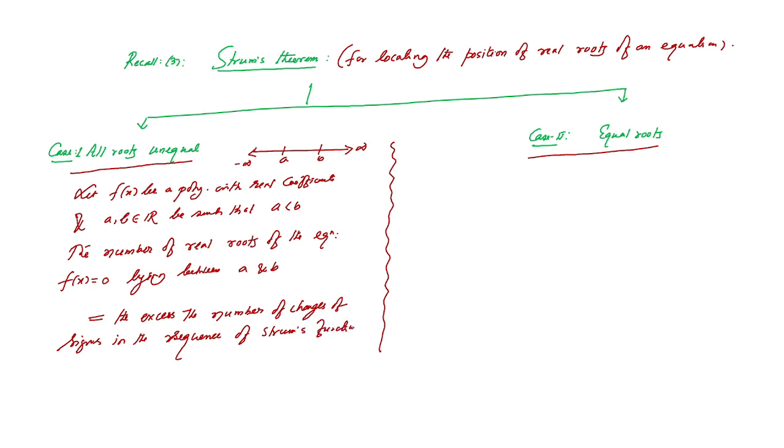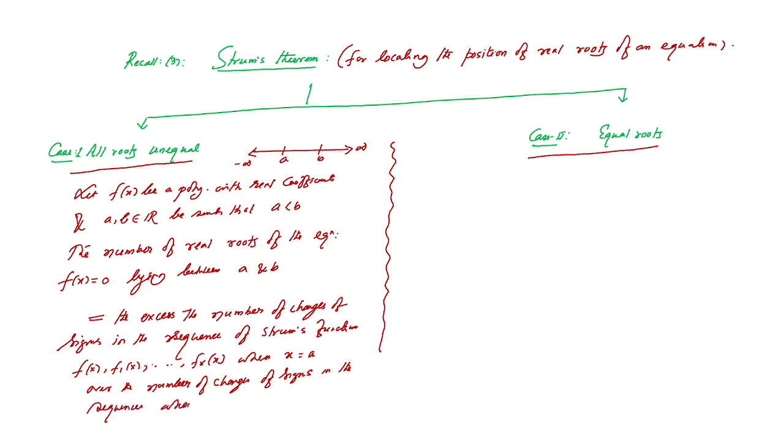In the sequence of Sturm functions f(x), f1(x), f2(x), when x equals a, the number of changes of sign, over the number of changes of sign in the sequence of Sturm functions when x equals b.